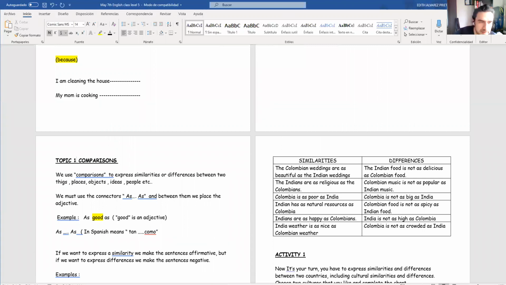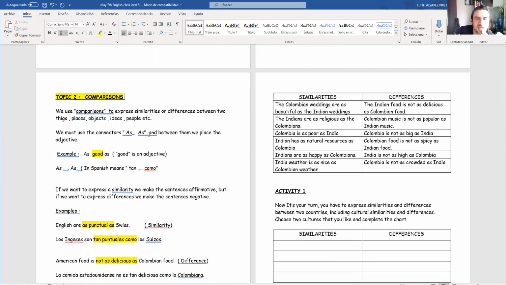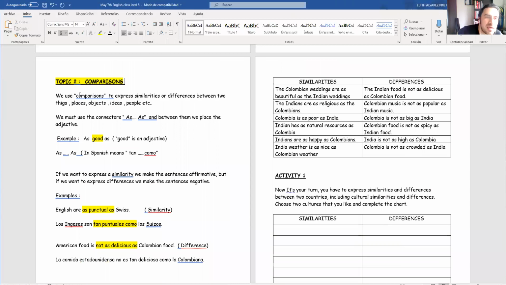The other topic, topic number 2, topic 2. The topic number 2 is the comparisons, ¿ok? Vamos a ver cómo usar los comparisons y lo vamos a mezclar a nuestro tema de la semana, que son las culturas, ¿listo? Entonces, lo explico. We use comparisons to express similarities.